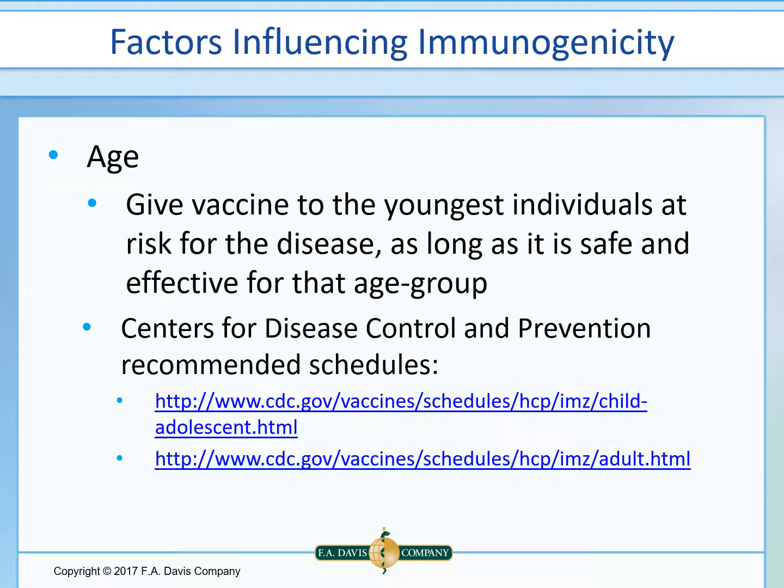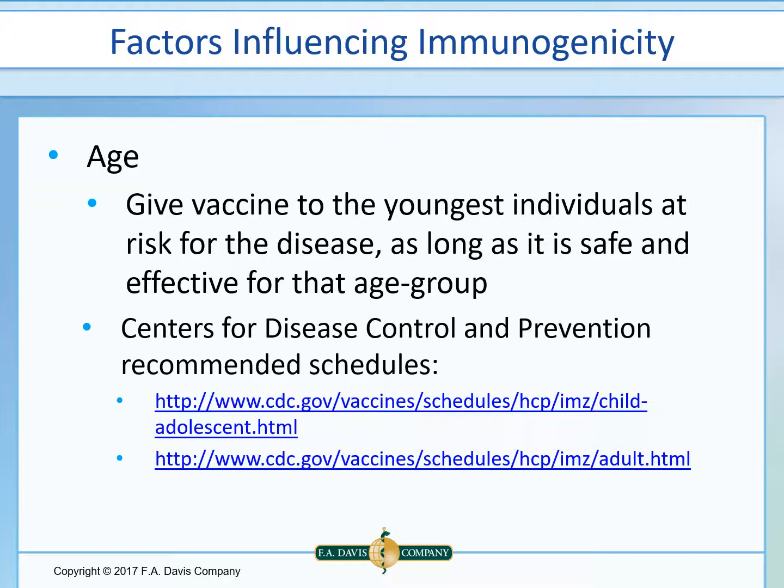There are many factors that affect the quality of the immune response to a vaccine antigen. Important factors include age, the individual's immune status, and the nature of the vaccine. And all of these factors are considered by immunization experts when deciding how a vaccine should be administered. Age is an important factor in determining how a vaccine should be provided to individuals in a population.